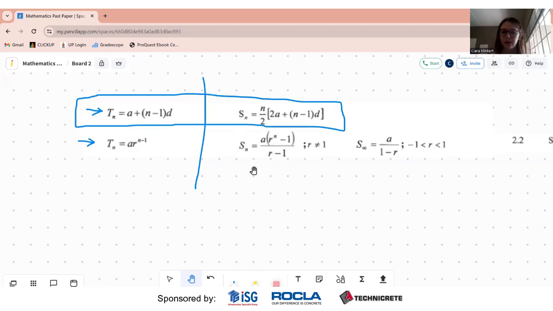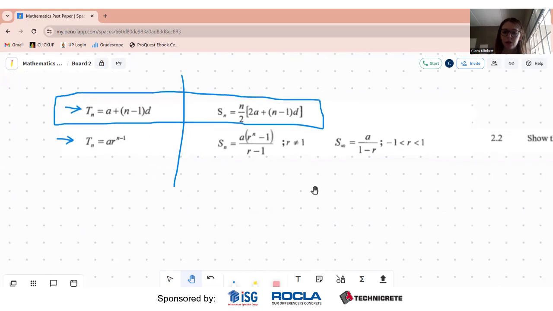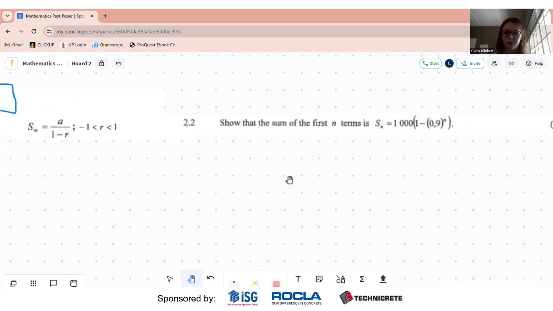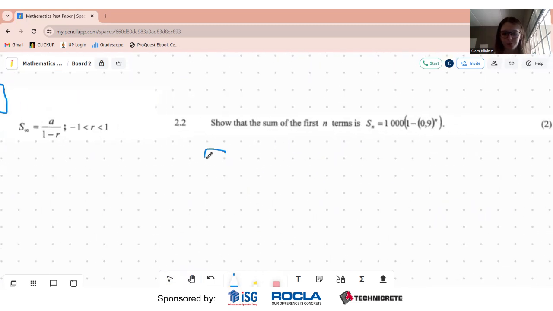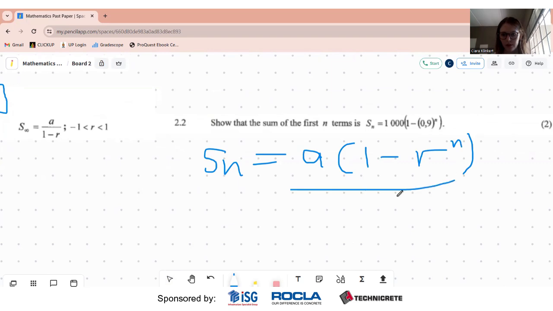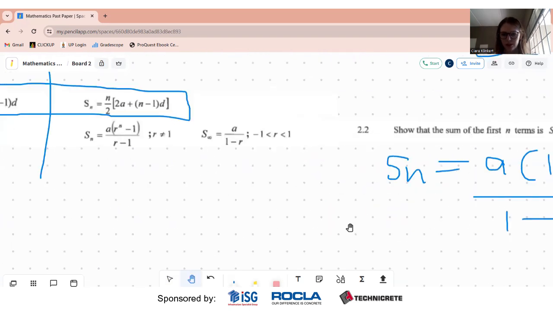So we need to use the formula Sn is equal to A times r to the power of n minus 1 over r minus 1. So Sn is equal to A times 1 minus r to the power of n over 1 minus r. I just want to check I wrote it down correctly.